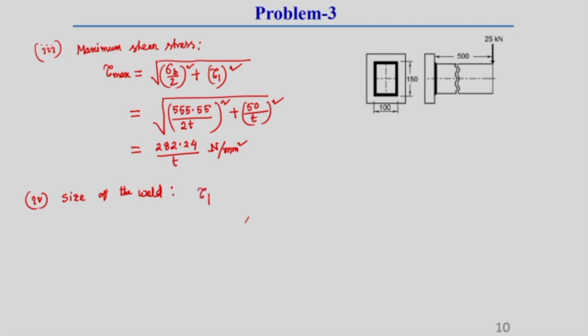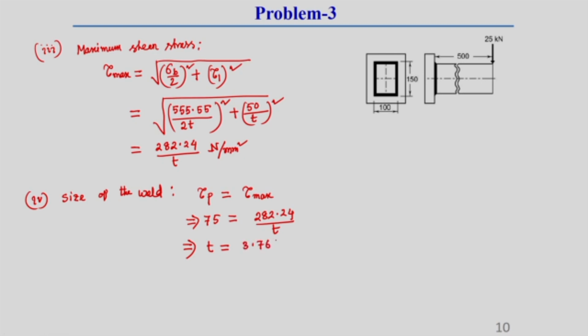So, we will use the permissible shear stress equal to this maximum shear stress condition, because this is the permissible shear stress which is given as 75, and tau max we have already calculated, that is 282.24 divided by T, which is a function of T. From here we can easily find the throat thickness T.